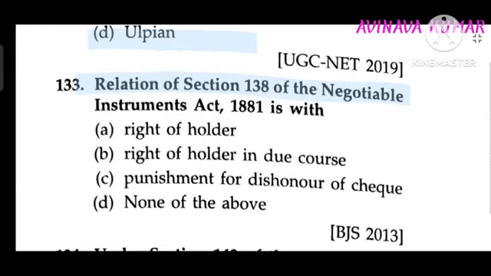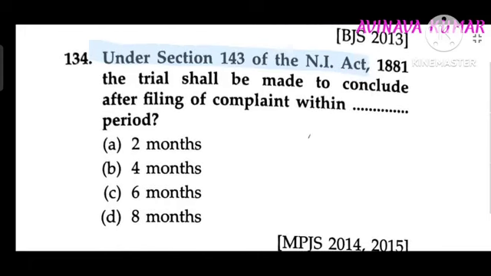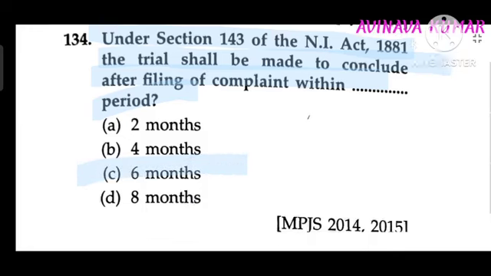The relation of Section 138 of NIA 1881 is with punishment for dishonor of check. Under Section 143 of NIA, the trial shall be concluded after filing the complaint within a period of 6 months.